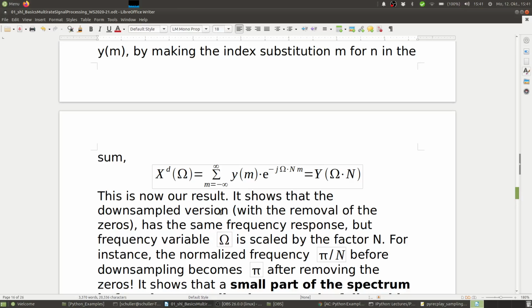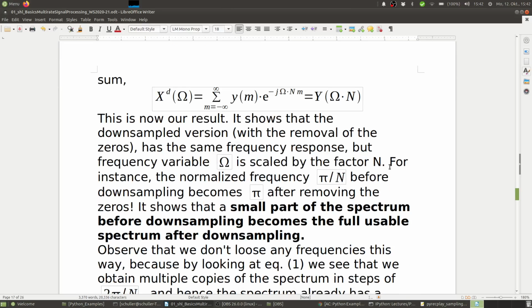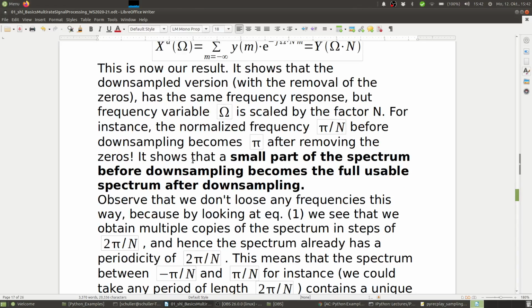It shows that the downsampled version with the removal of the zeros has the same frequency response, but the frequency variable omega is scaled by the factor of N. For instance, the normalized frequency pi over N before downsampling becomes pi after removing the zeros.